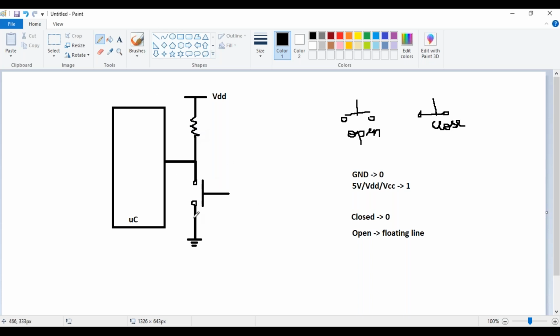Whenever the switch is closed, you are going to read a ground. So whenever the switch is provided with ground, madam, internal pull up or pull down is there.